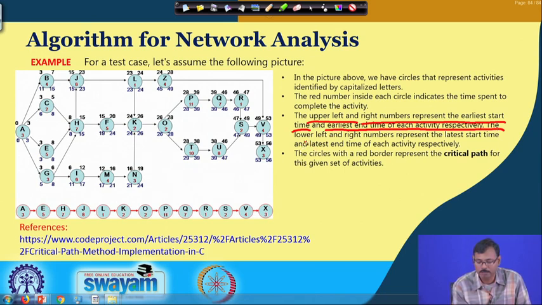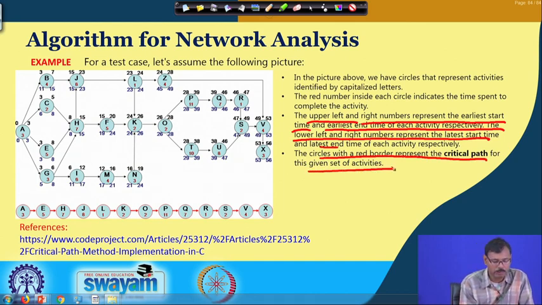Similarly, the lower ones are the late start and late finish times. This is basically an activity-on-node diagram, and circles with red borders represent the critical path, which is represented separately here.